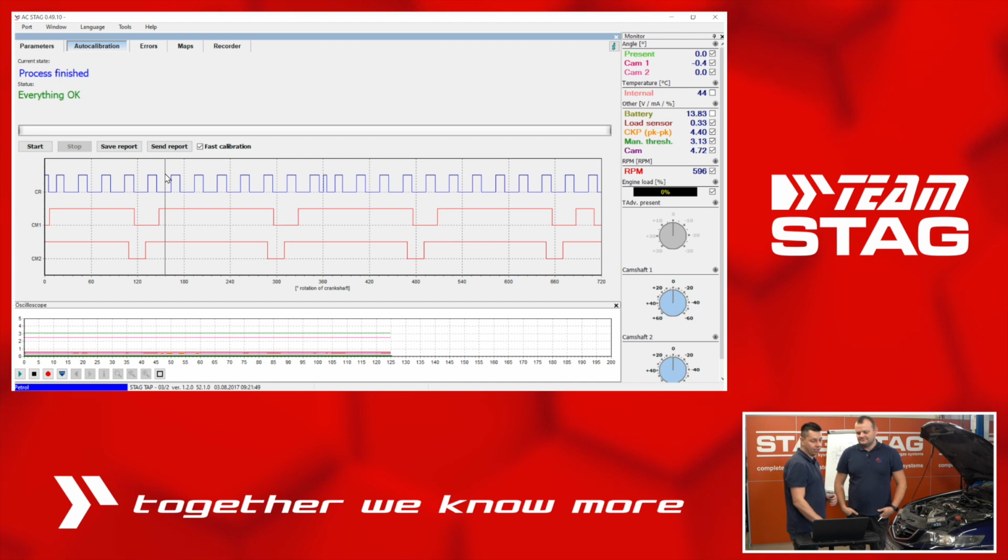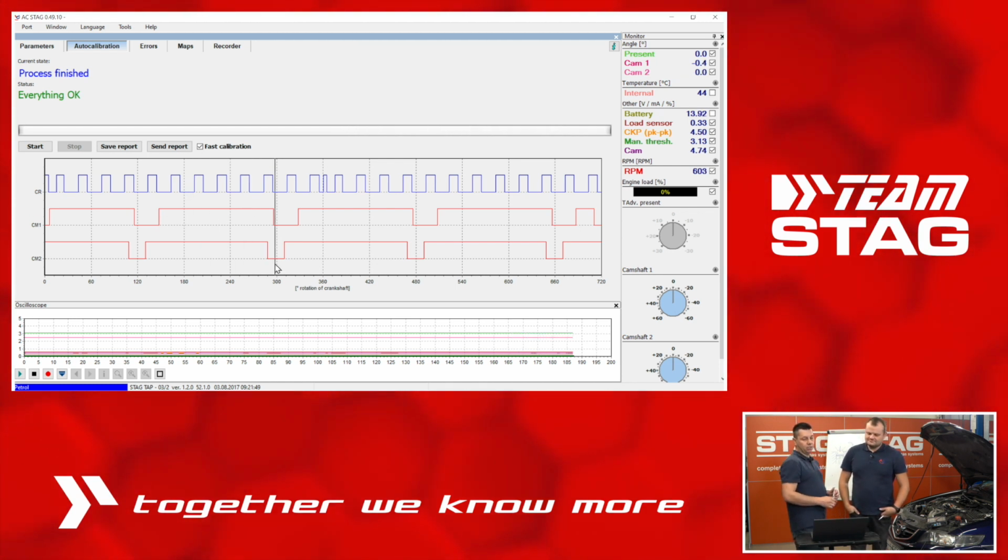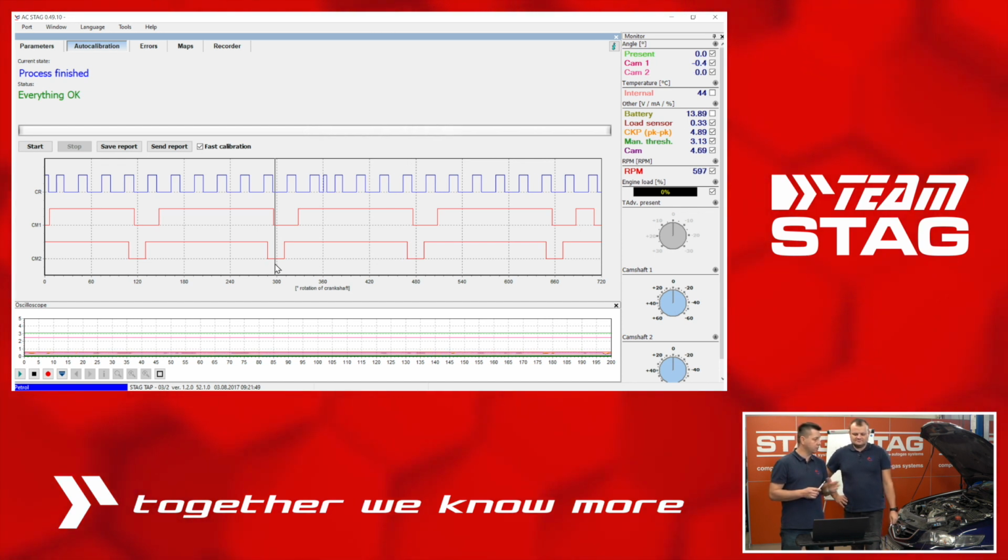The blue graph is the crankshaft position sensor signal, and camshaft 1 and 2 are in red. So you can compare those signals with the ones you have seen in the external oscilloscope connected to the sensors. They are very similar. I can say that they're exactly the same. They are not a Santa Claus graph.